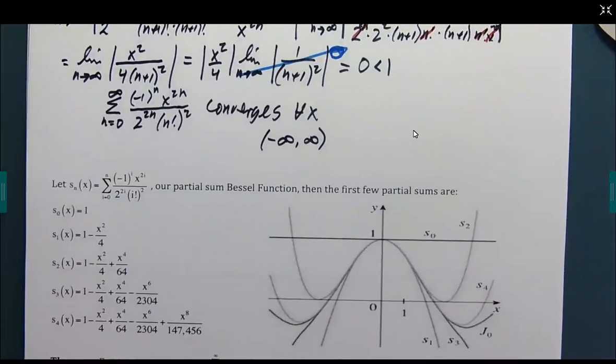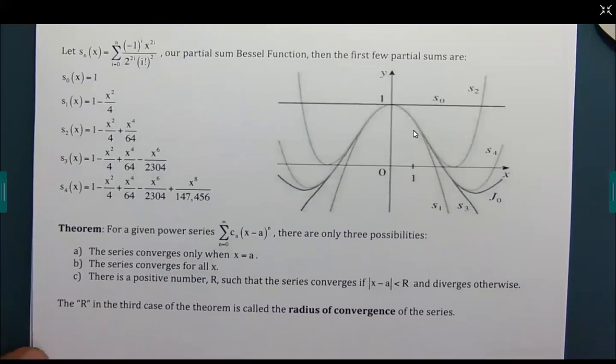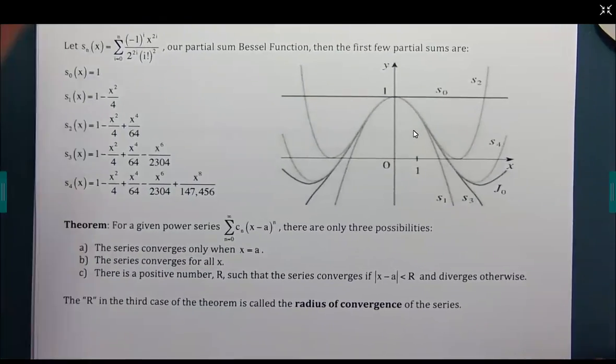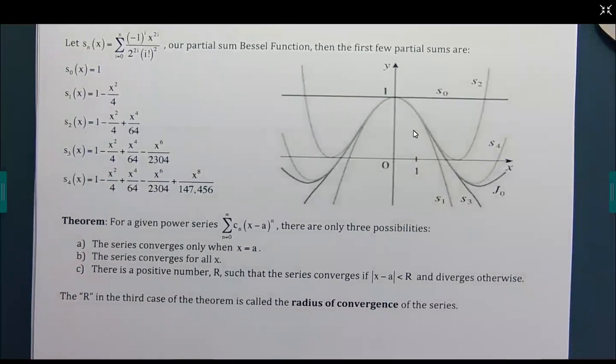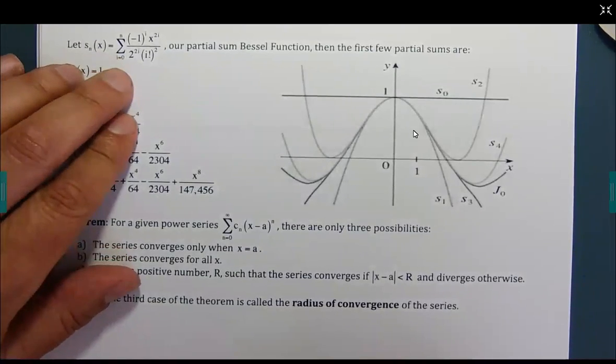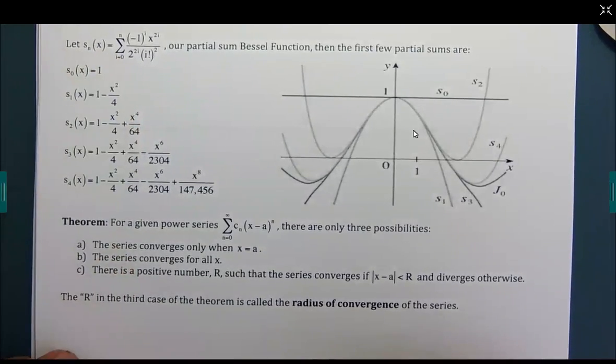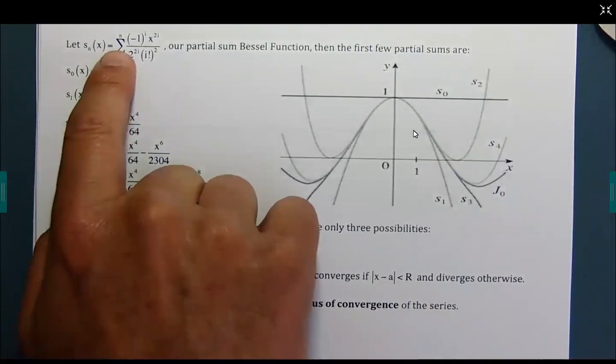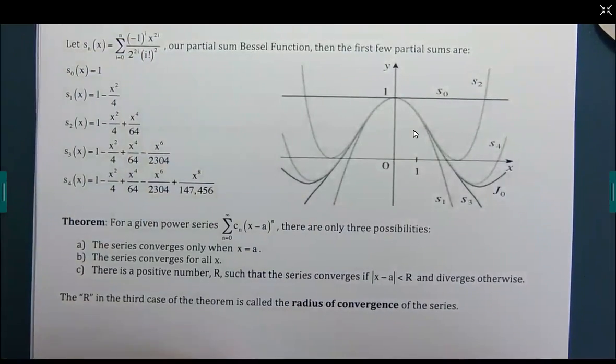All right, so as we're looking at this Bessel function that we just showed is convergent everywhere, I thought it'd be a good idea to show you sort of a picture of what we're talking about. So if we iterate this out, and we're using i's instead of the n's in this case, and we're doing the partial sums, meaning we're stopping at a specific number.